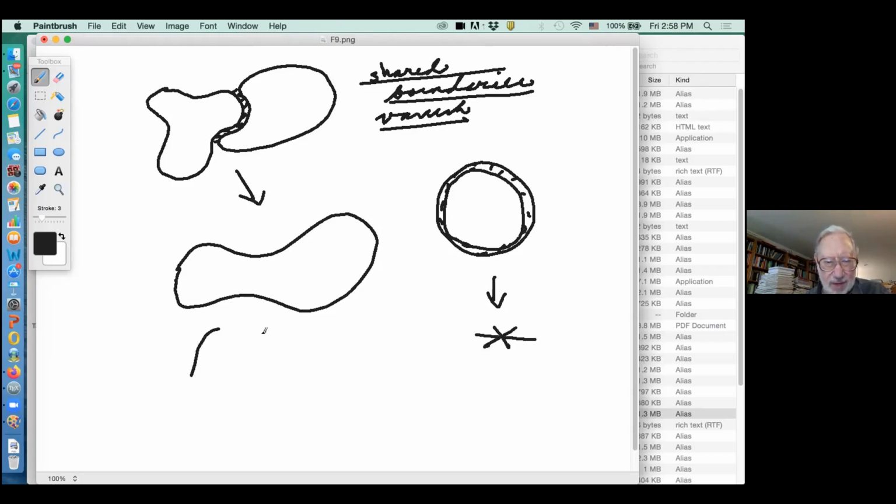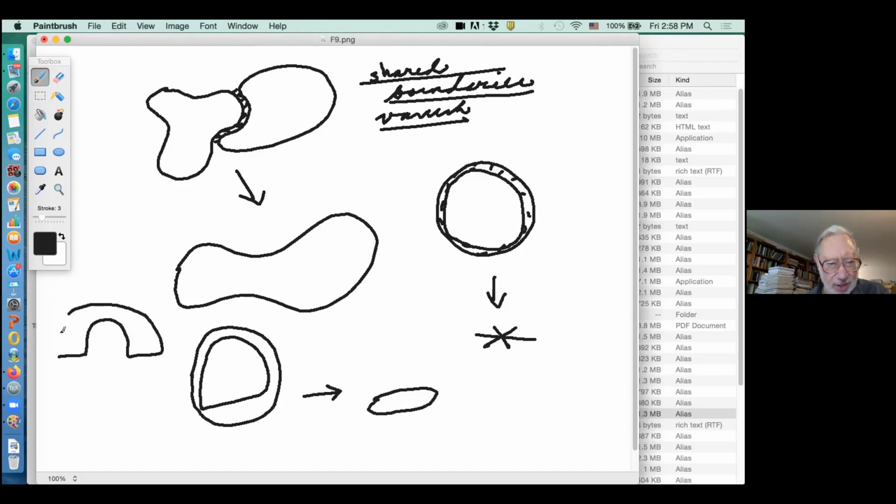But on the other hand, a very heavily shared boundary, but not an entirely shared boundary, would lead to something different. It would lead to something like that. Or a partially shared boundary moving along another boundary would give rise to other topological things.